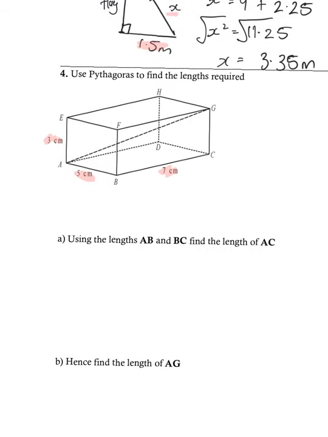Using the lengths AB and BC, find the length of AC. So when it's got 2 letters together, guys, it just means the length in between those 2 letters.